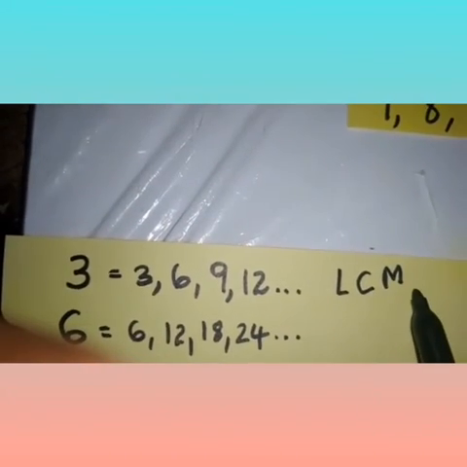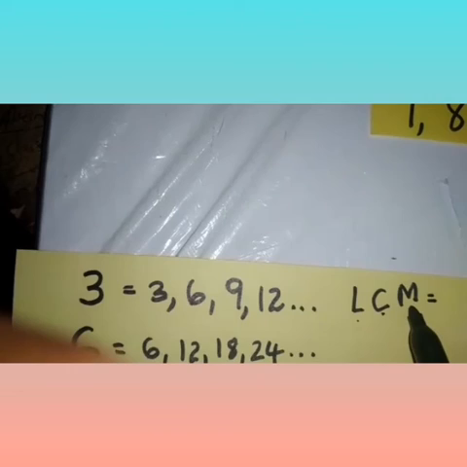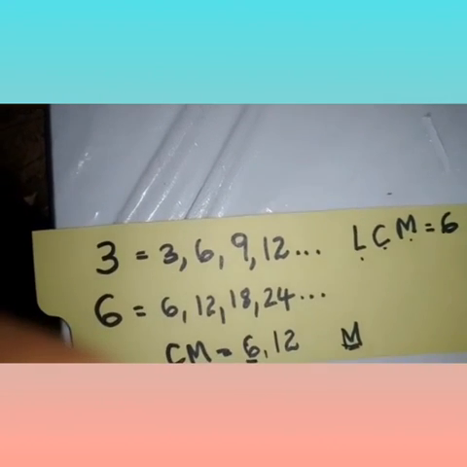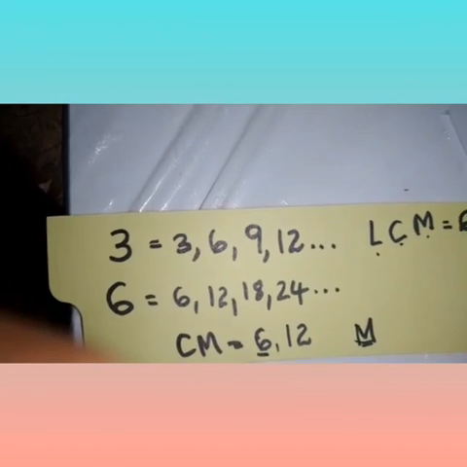So 6 is now going to be our lowest common multiple, which is also represented using LCM. L means lowest or least, C means common, and M means multiple. So the lowest common multiple for 3 and 6 is 6.